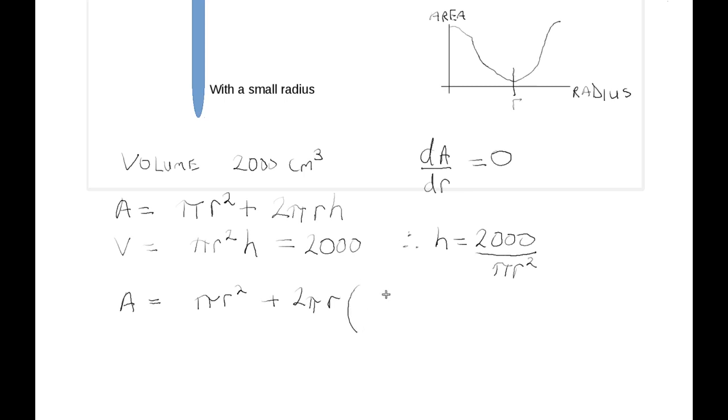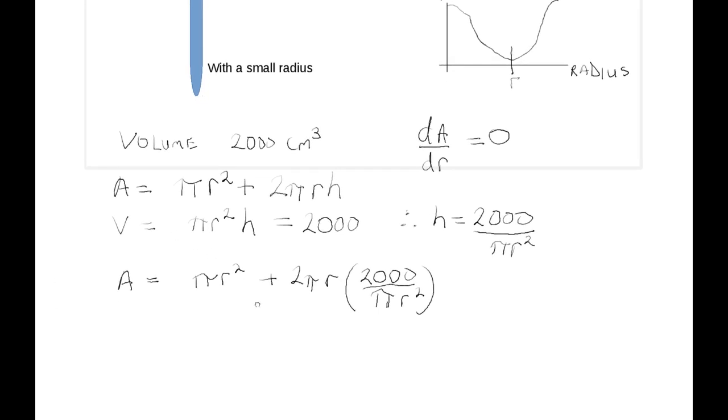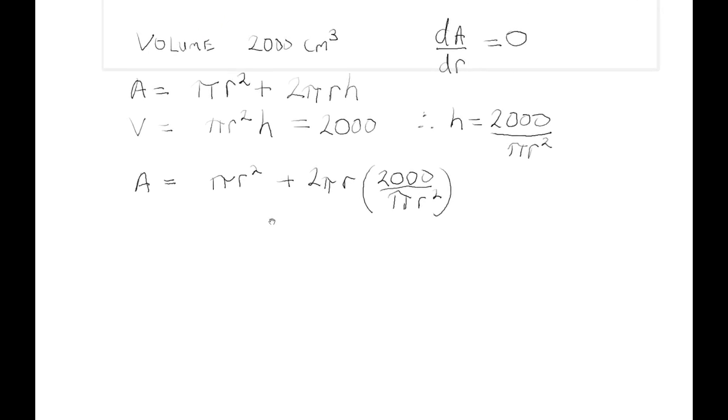We've now got, substituting in this for h, 2000 divided by pi r squared, close bracket, multiply this in, do a bit of tidying up.